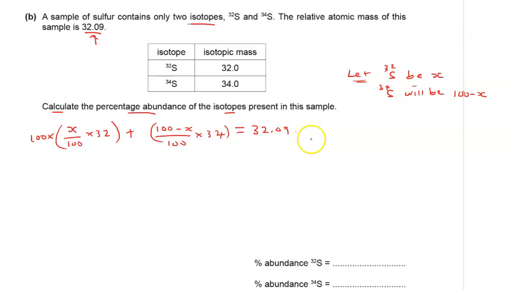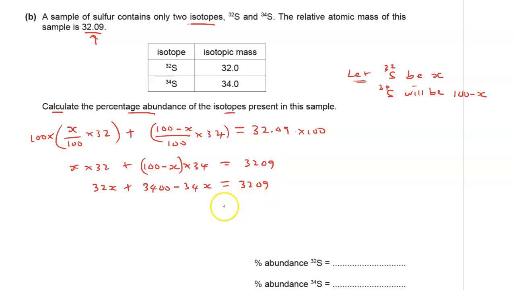So the equation here will be X times 32, plus 100 minus X times 34. This times 100 will give us 3209. So this will be 32x plus, in brackets, 3400 minus 34x will be equal to 3209.